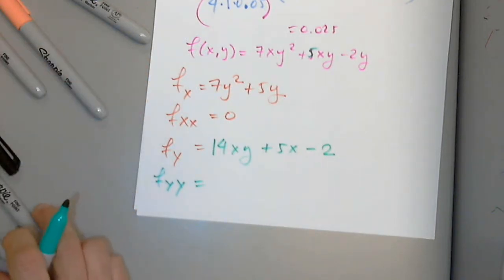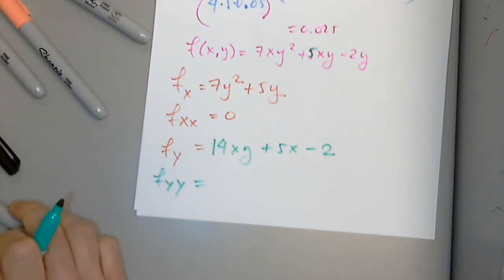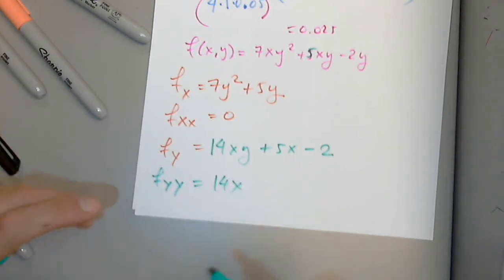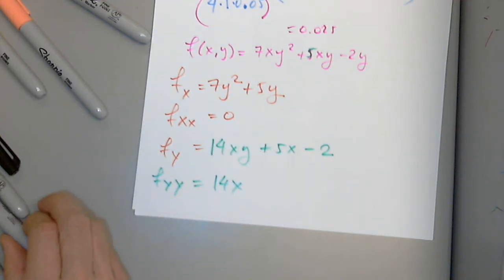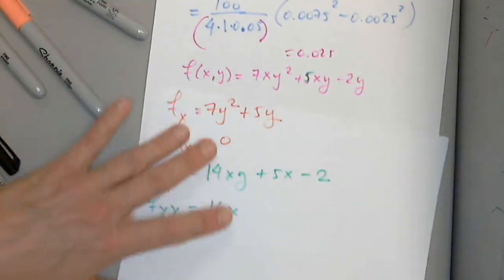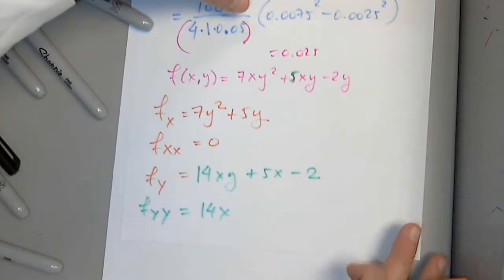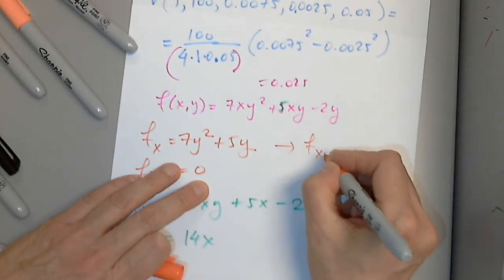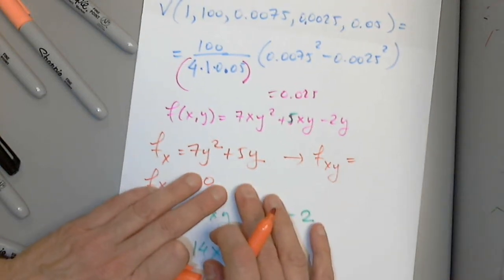We're differentiating this expression with respect to y only. 14x. Good, excellent. So we're done with fx, with fy, with fxx, and fyy. We only need now fxy and fyx. So maybe I should put them here on the side. So I want to differentiate this with respect to y.